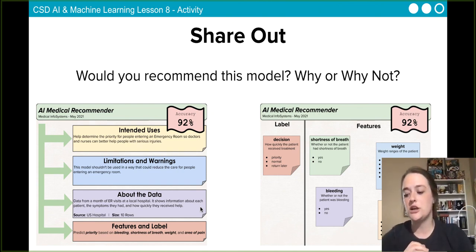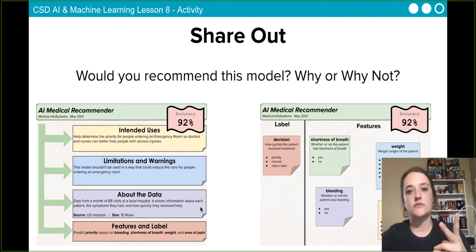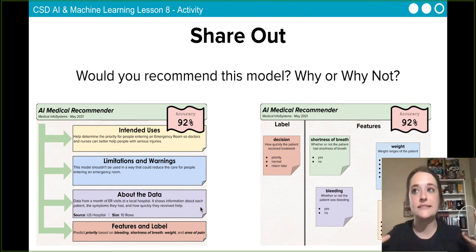There are two terms that revolve around data, and that's qualitative and quantitative. Qualitative involves the quality of the data. Quantitative involves the quantity of the data. So you want your data to be both qualitative and quantitative because that makes the best data. So this data right here is only qualitative, which is why the accuracy is so high.